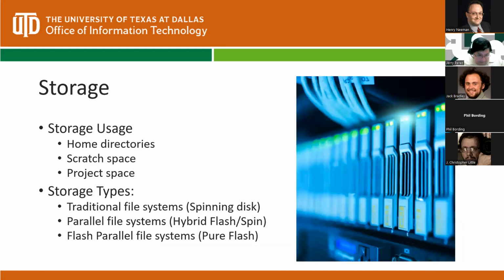Okay, so let's talk a little bit about storage. What we use is a DDN parallel file system, and we have home directories set up for the users. We also have scratch space for them as well, and we can also allow them to use some of the scratch for their projects, especially if it's too big, because we set up quotas on home so that you can only put so much in there.